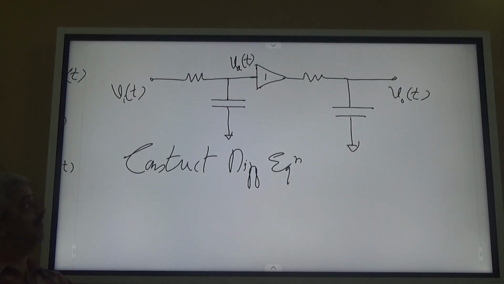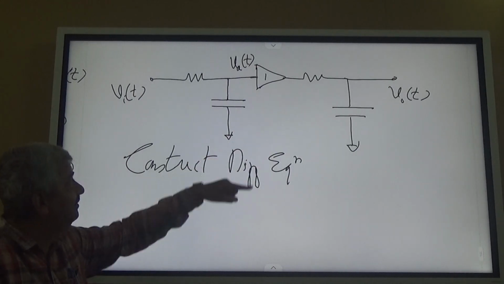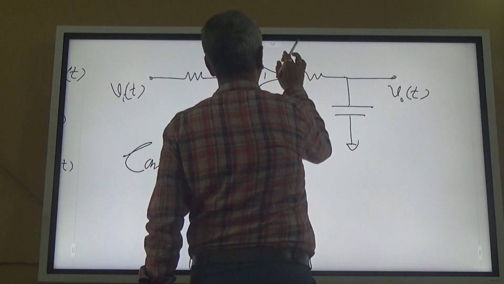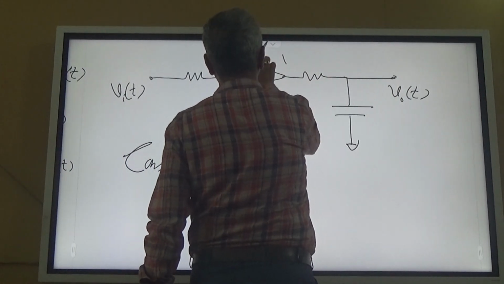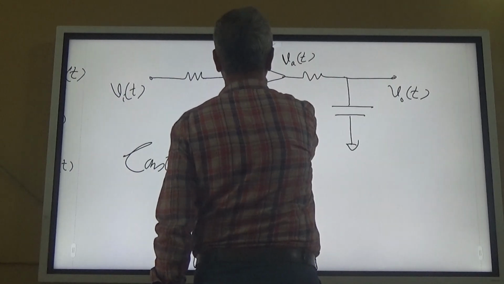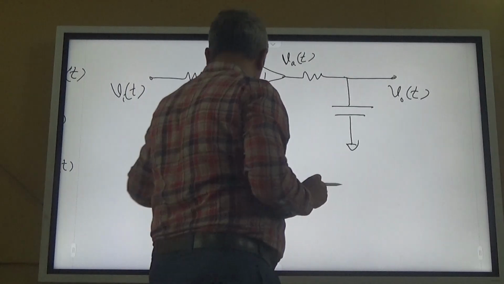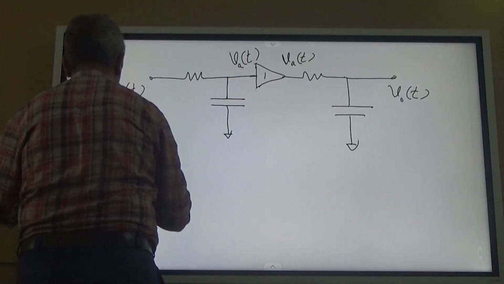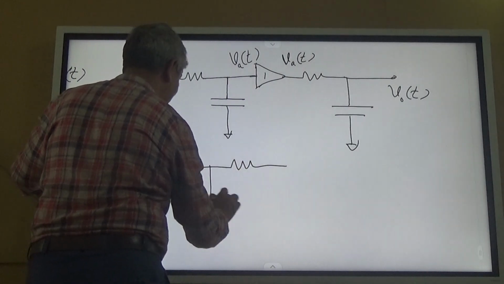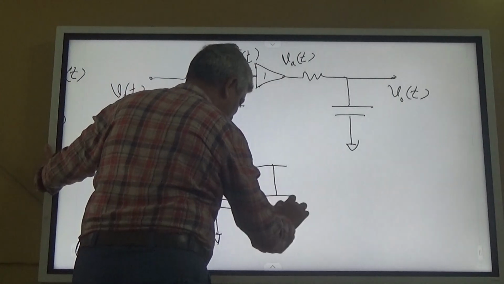Now, what can you have? You can have a differential equation between VOT and VAT, or you can assume this to be VAT. And since the gain is 1, this is also VAT. Now, I again would like to jumble you deliberately, so as to test your ability.